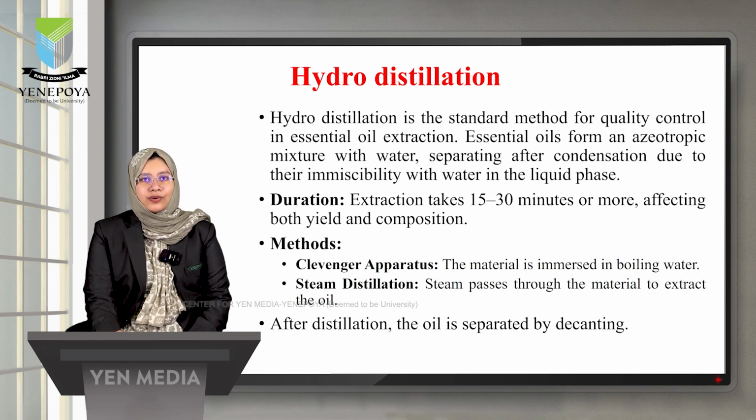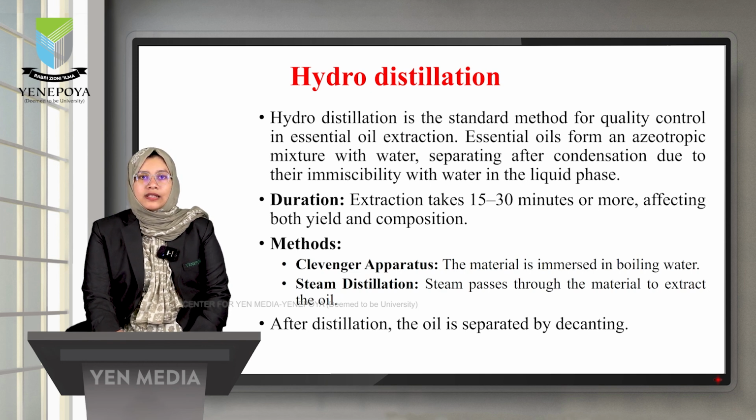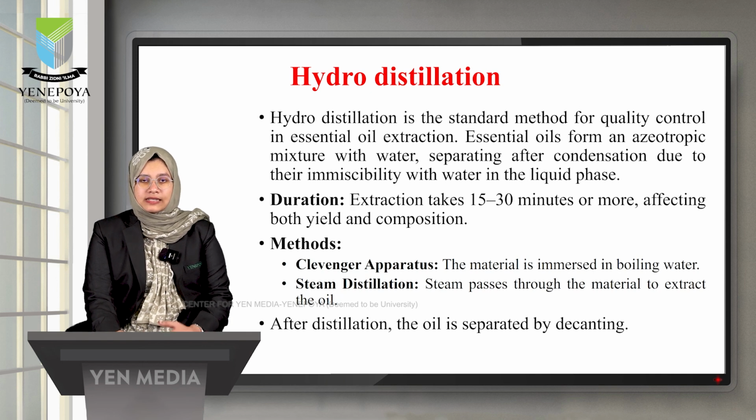So basically hydrodistillation is when we are treating our drug or plant material with water or steam, the oil and the steam form an azeotropic mixture. After that we will be separating the oil from the liquid phase. After cooling, the steam will convert into liquid phase, and from that we separate our oils.